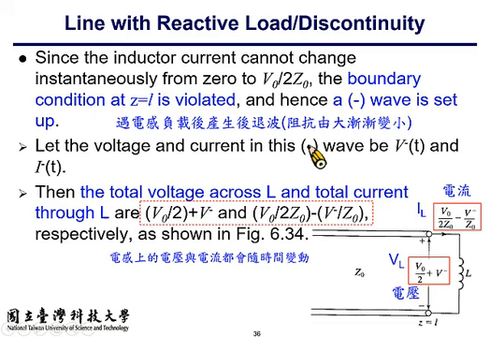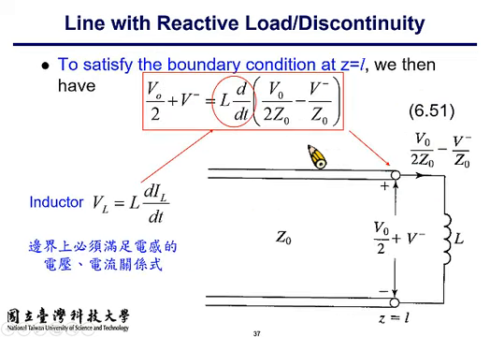So at this part you have the overall voltage V plus, V minus, and the overall current I plus and I minus, and the two form the voltage across the inductor and the current going into the inductor. So these two terms can be used on the next page, which is the voltage and current relationship of the inductor.